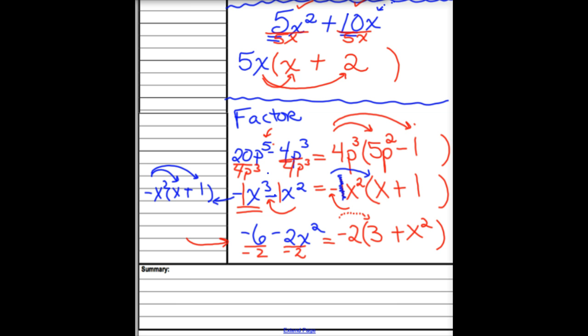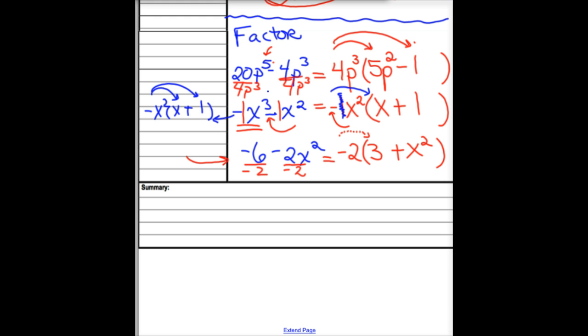So what I'd like you to do down here is, before you ask me for your worksheet, let's write our little summary of what we're doing. To factor out a common monomial, you need to find what we call the greatest common factor, or the biggest term that you can divide out.